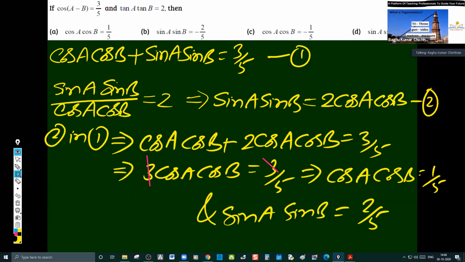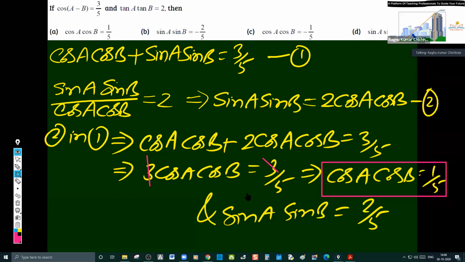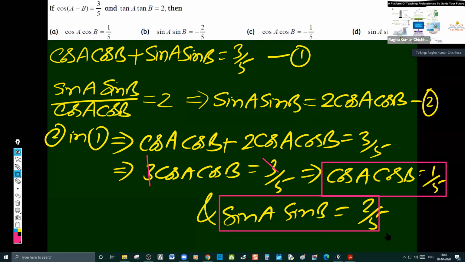That is why you have got only one answer correct. Cos A cos B is equal to 1 by 5, and sin A sin B is equal to 2 by 5. Okay, so this is what the question is. I think it is simple and clear.